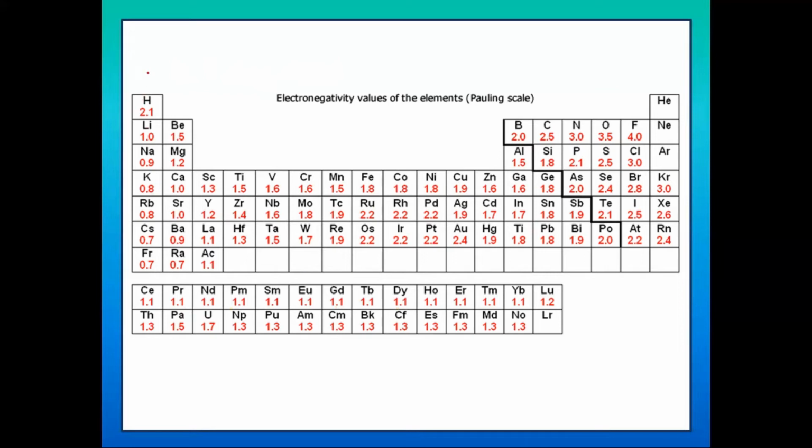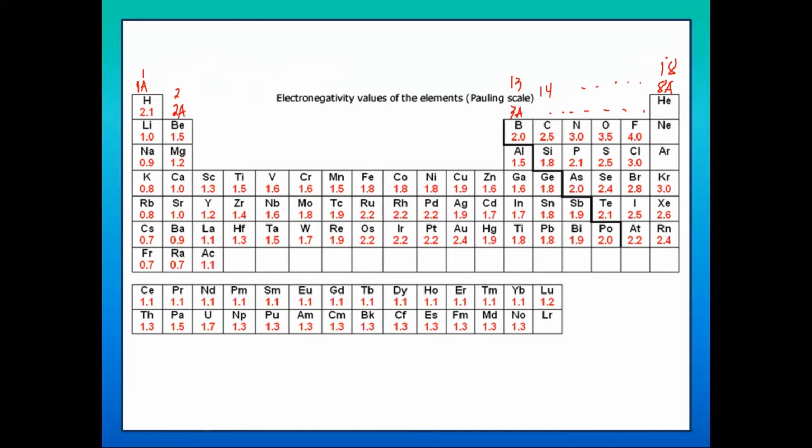So hydrogen has 1 valence electron, oxygen has 1, 2, 3, 4, 5, 6. Because this is 1A, 2A, 3A, and so on up to 8A. But in the newer numbering, 1, 2, then 13, 14, and so on up to 18.